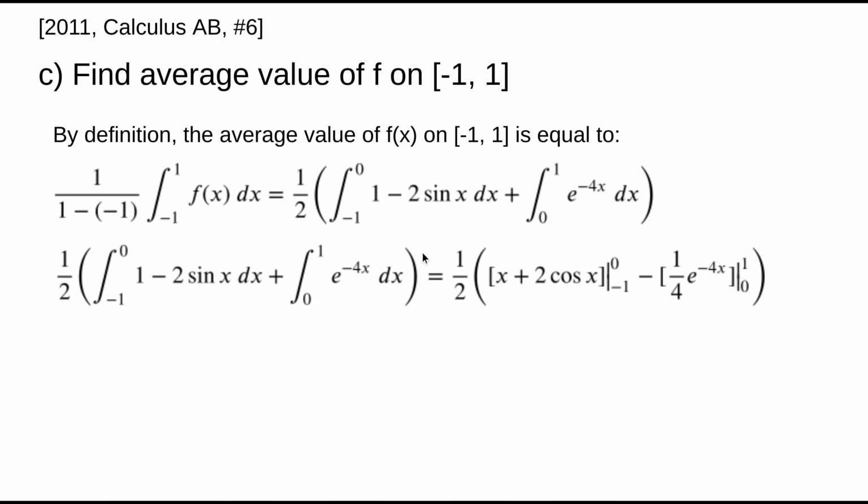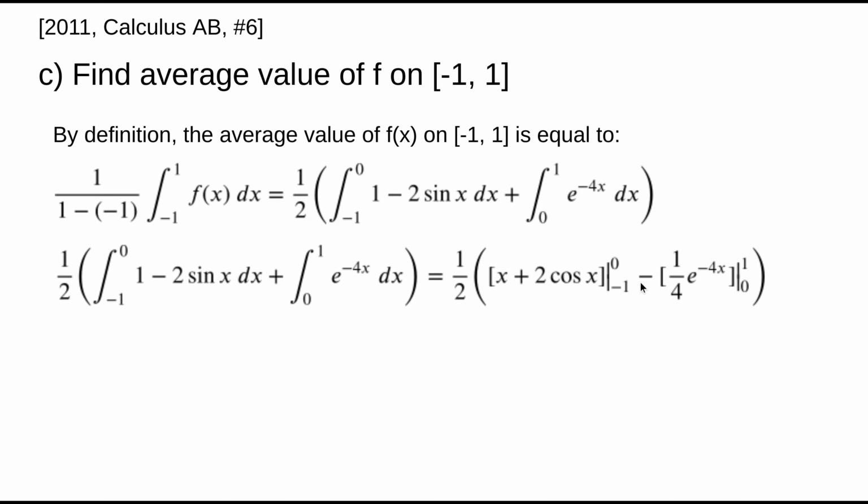So finding an antiderivative for each of those, we have x plus 2 cosine x. We're going to have to evaluate that at 0 and negative 1. And the antiderivative of e to the minus 4x is 1/4 e to the negative 4x. We're going to have to evaluate that at 1 and 0. Actually, it's negative 1/4.